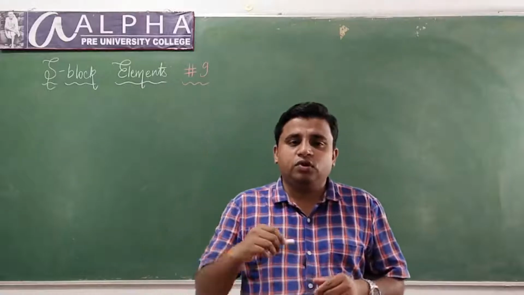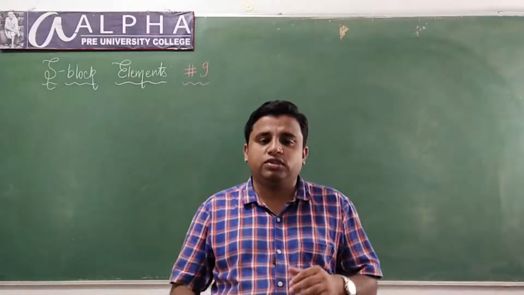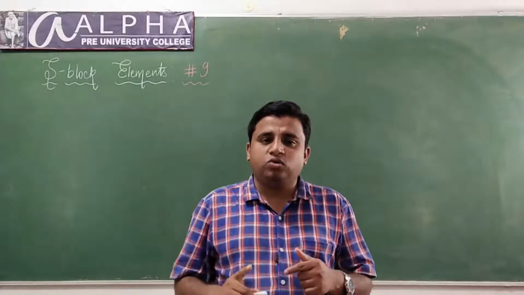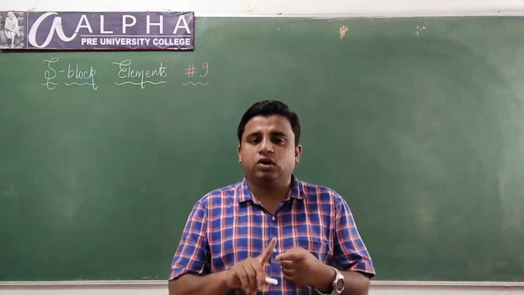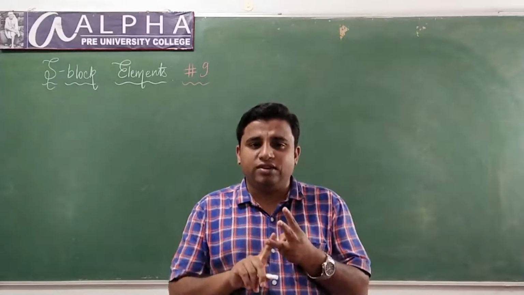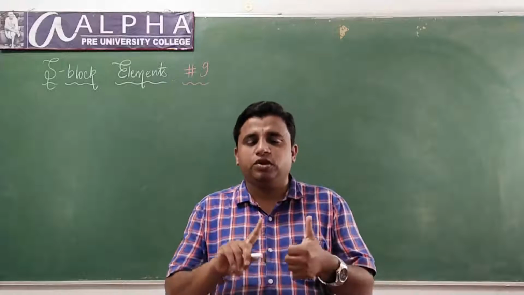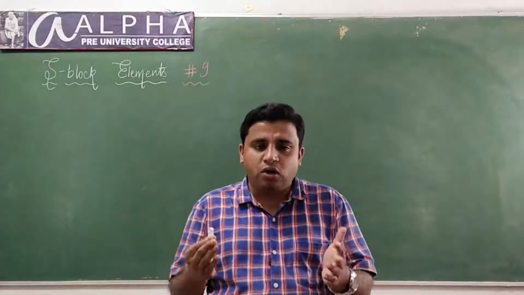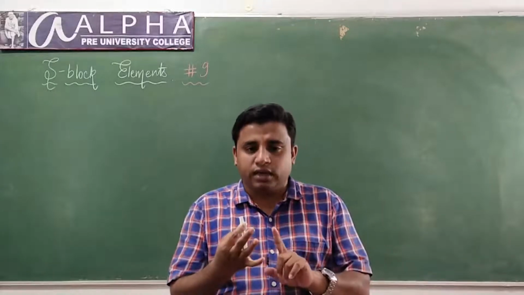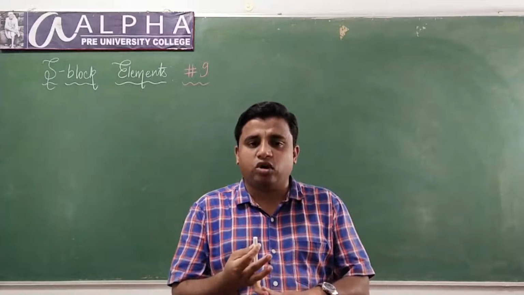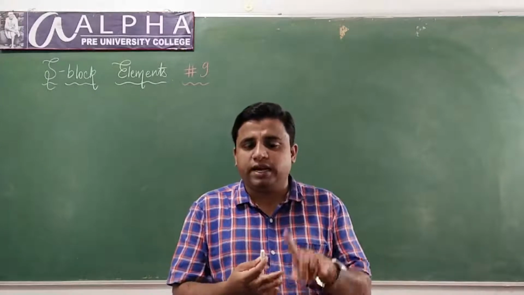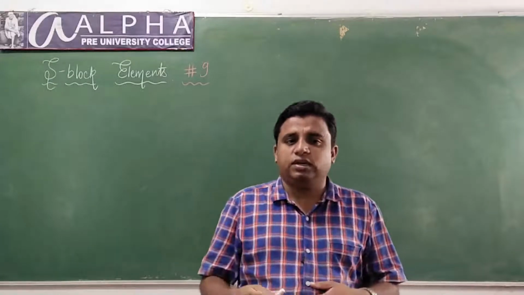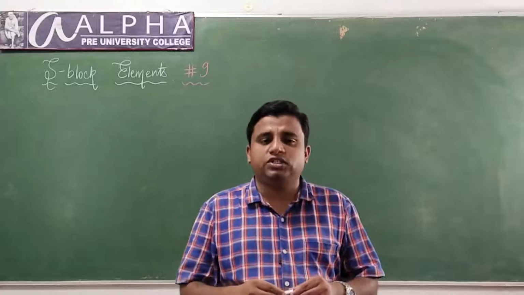We started with the compounds of sodium, like sodium hydroxide, sodium carbonate, sodium thiosulfate, oxides of potassium, potassium iodide, and the compounds of alkaline earth metals like calcium hydroxide, calcium carbonate, calcium oxide, calcium sulfate, etc. So now we shall continue with our lecture series.